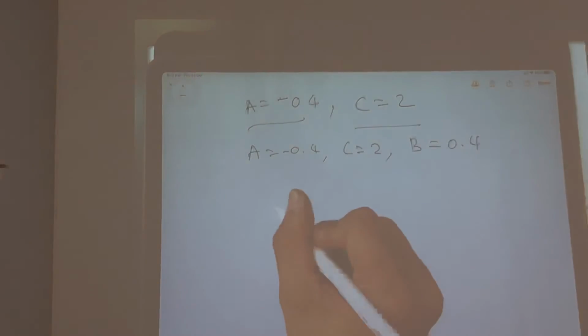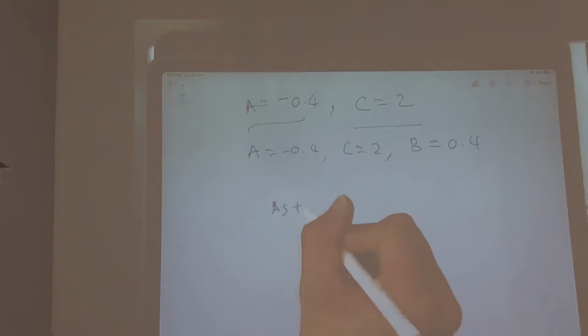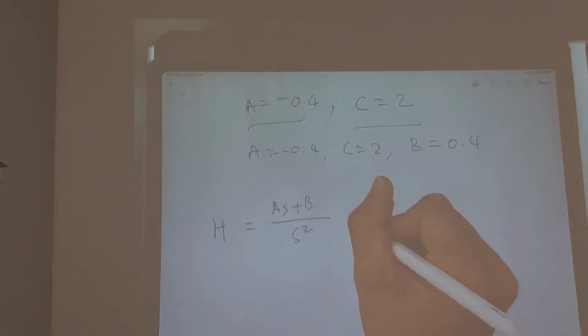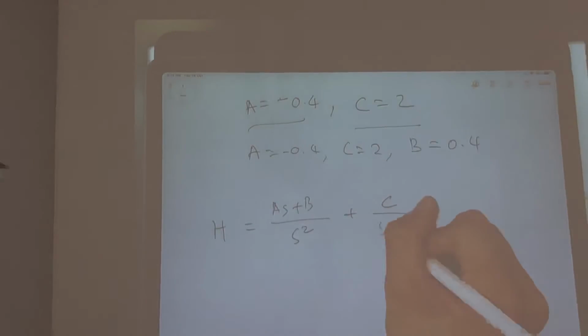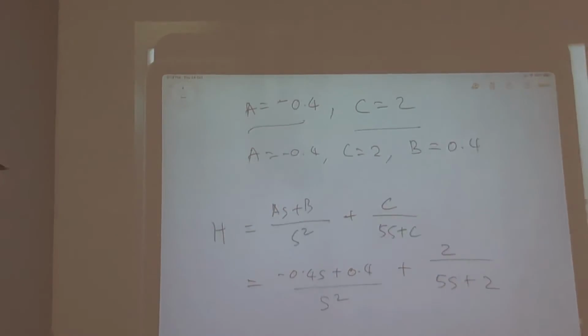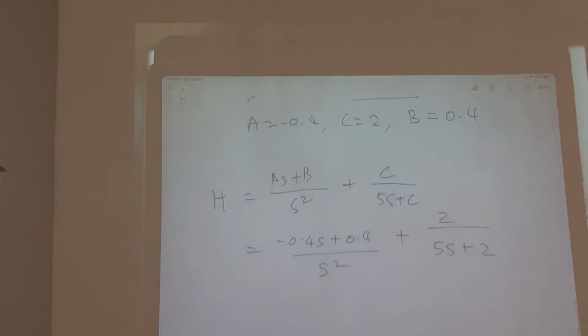As plus b divided by s power of 2 equal to this, plus c divided by 5s plus 5, alright? The a is minus 0.4s plus b is 0.4 divided by s power of 2 plus c is 2 divided by 5s plus 5, okay? This is the reason. Once I find a, b, and c, I put it back.